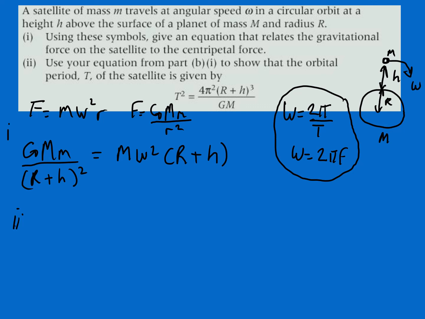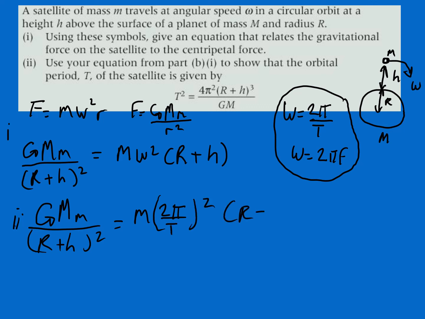We need to substitute into our equation. We need to sub in 2 pi over T, where T is the time period. So for part 2, GMm over (R plus h) squared equals m omega squared, so omega is 2 pi over T, so (2 pi over T) squared, times (R plus h).